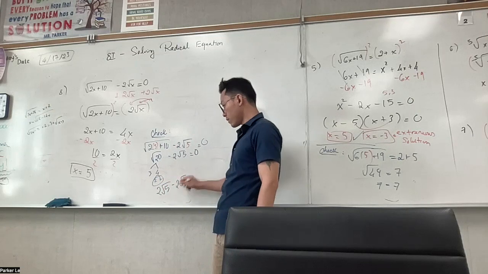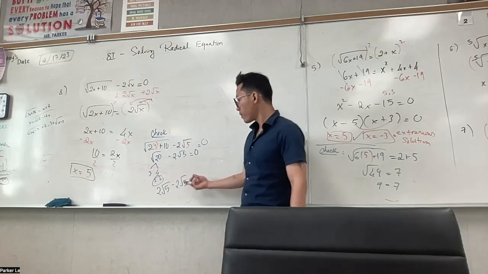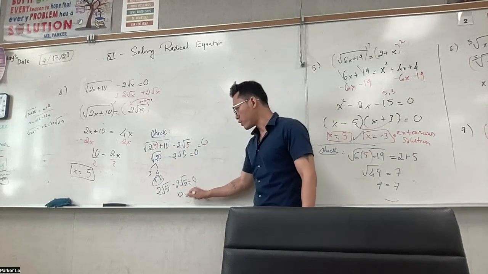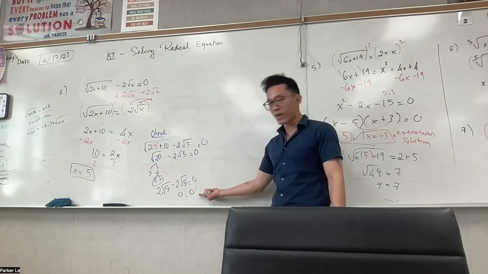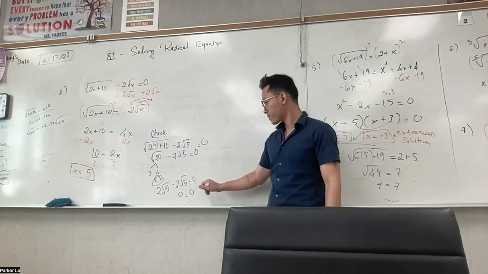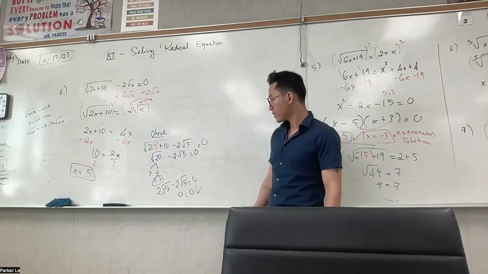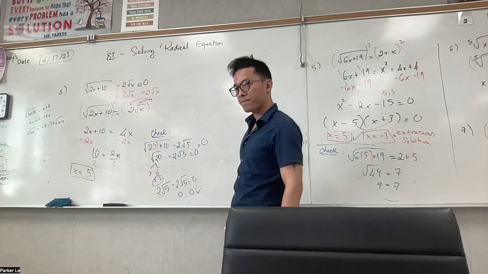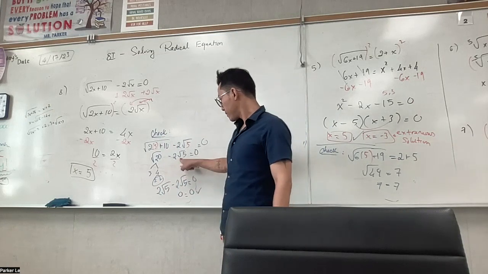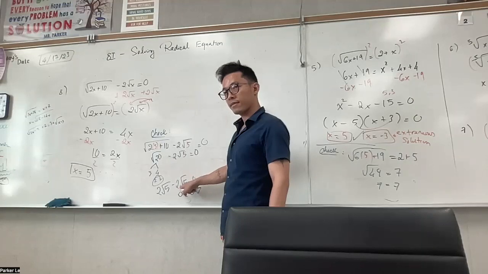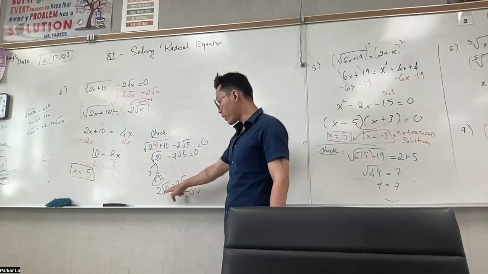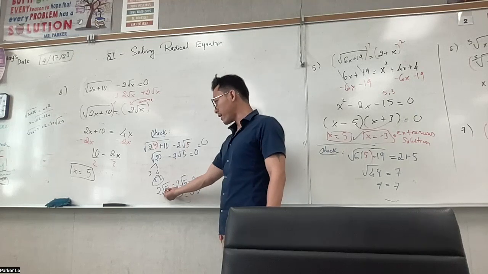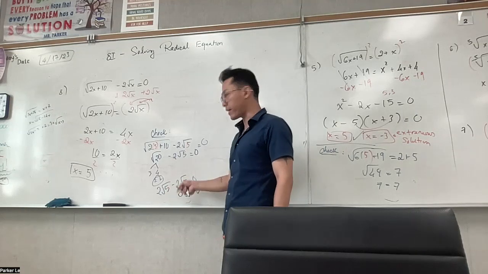So now is it correct? Yes. Oh wait, no, you move it. When you move it, this minus this is equal to 0. 0 equals 0, right? The roots are exactly the same, the 5. So 2 square root of 5 minus 2 square root of 5 cancel out.